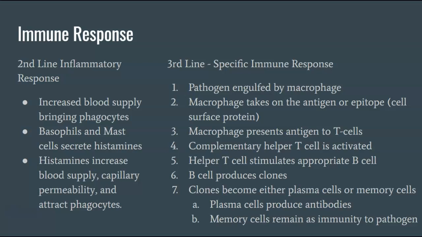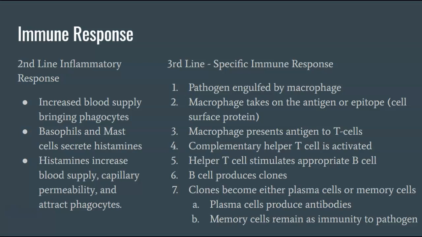You're secreting histamines, which increase blood supply, capillary permeability, and attract phagocytes, all of which are great because it's a very non-specific response, a general, something is bad, I will attack, and hopefully that solves the problem type of response. Whereas the third line of your immune response is super specific.